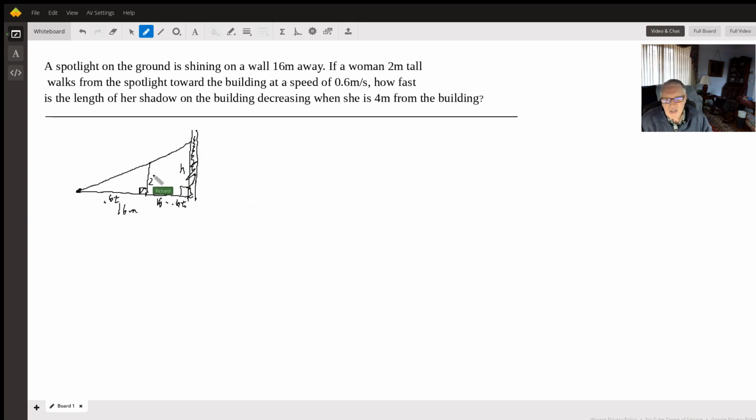So we know from similar triangles that we have a common angle here, and they're both right triangles, so we've just proved that they're similar triangles, and similar triangles have sides that are proportional. I'm going to do big over small.